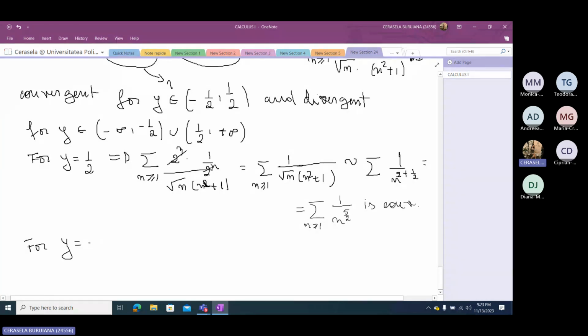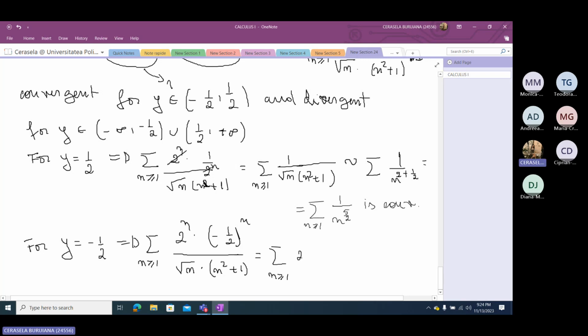So if I take y to be minus 1 over 2, by replacing it by its value, I have 2 power n times (minus 1 over 2) power n, over square root of n times n squared plus 1. Well, I continue: I get 2 power n times (minus 1) power n, 2 power n comes to the denominator, n squared plus 1 times square root of n.